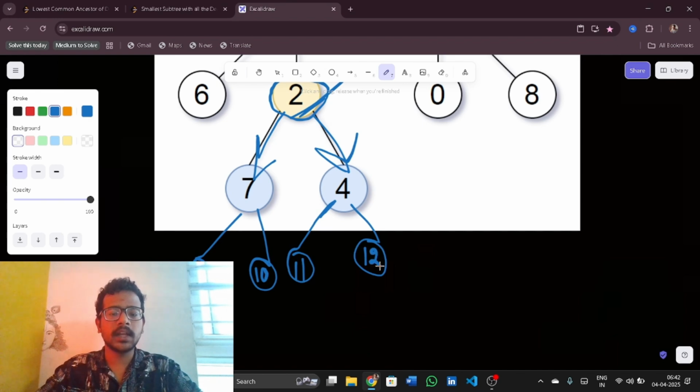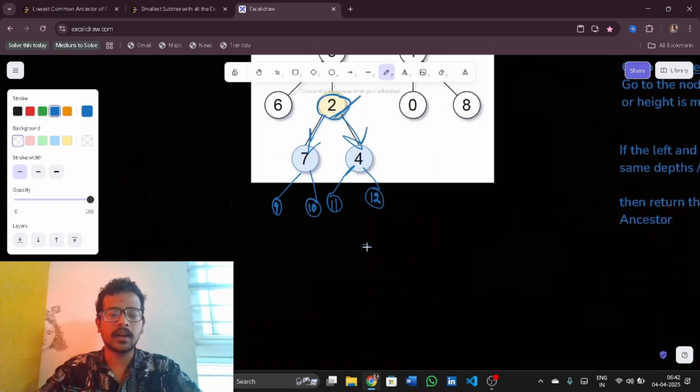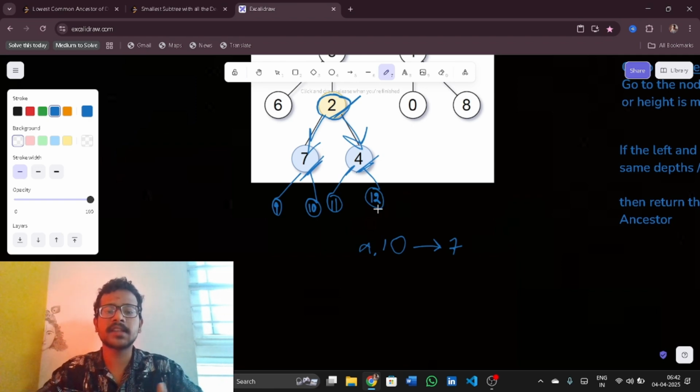Now, the leaf nodes are 9 and 10. The parent of 9 and 10 is 7. But if I return 7, then I am missing 4, right? 11 and 12 are also at the same depth and are also leaf nodes. Why should I miss 4? So I cannot return 7 and 4.